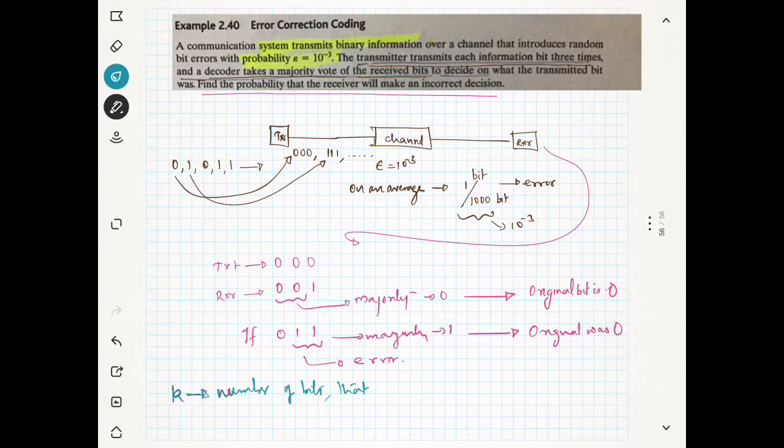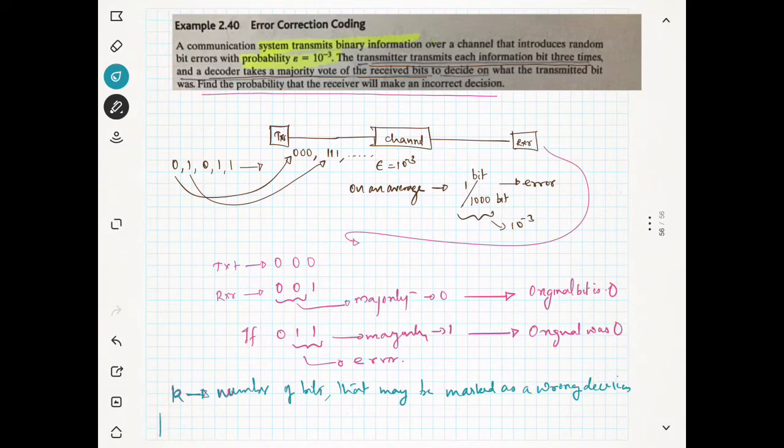That means the receiver can correct only a single error. If there are more than that, it cannot correct it. So k is the number of bits that may be marked as a wrong decision.